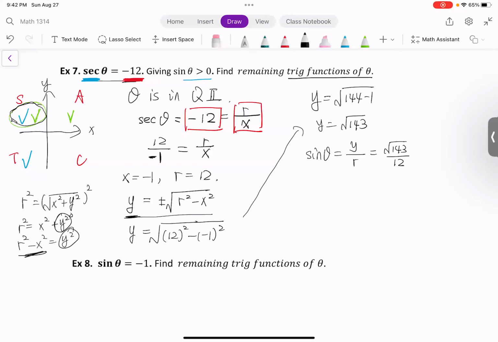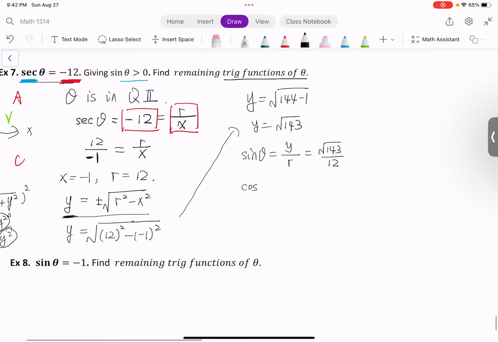All right, cosine theta. I don't think I need to do x over r, because I know cosine is the reciprocal of secant, which is given at the beginning of the question. So if I input the data, it's okay. Negative 1 over 12.